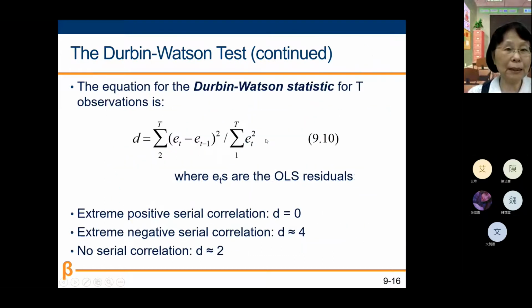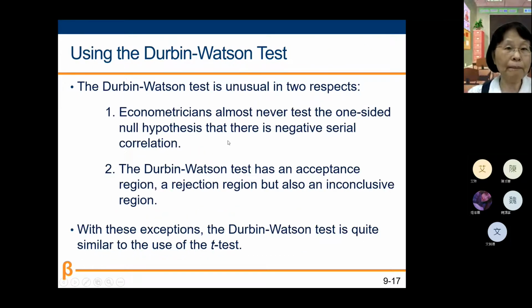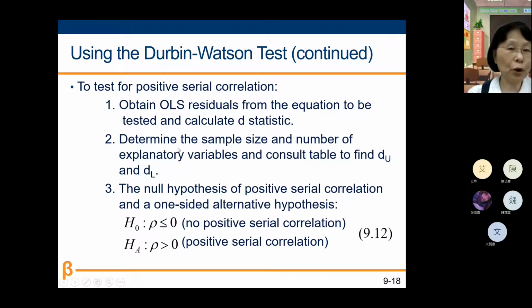The D is just like this. The second is to determine the sample size and number of explanatory variables, and check the Durbin-Watson critical values to get the upper and lower critical values.